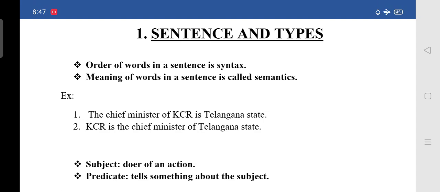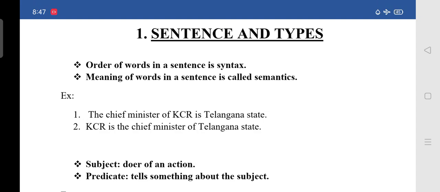For example, I'll tell you how it will be. See the first example: The chief minister of KCR is Telangana state. Does it give any meaning? No, it is not in an order. We don't have any state name as KCR, isn't it?